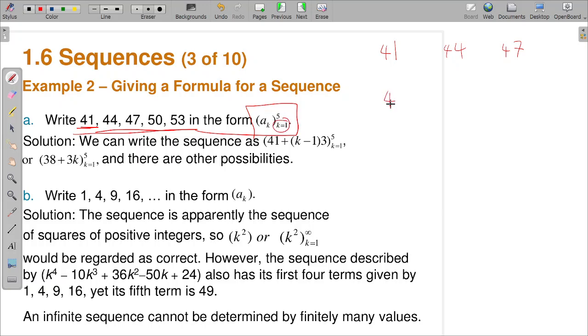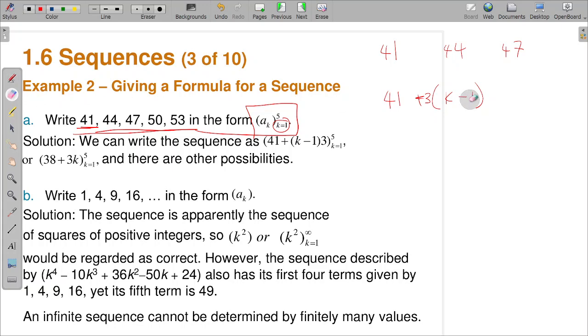So that means we can write a_k as 41 plus (k minus 1) multiplied by 3. So if k is 1, this will be 0, so it will remain 41. If k is 2, this will be 2 minus 1, which is 1, multiplied by 3, which is 3.